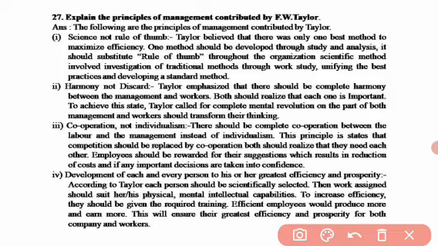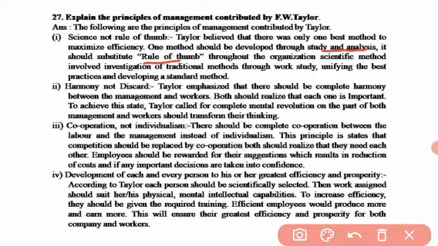So first principle, science is not a rule of thumb. Taylor believed that there was only one best method to maximize efficiency. One method should be developed through study and analysis. It should substitute rule of thumb.